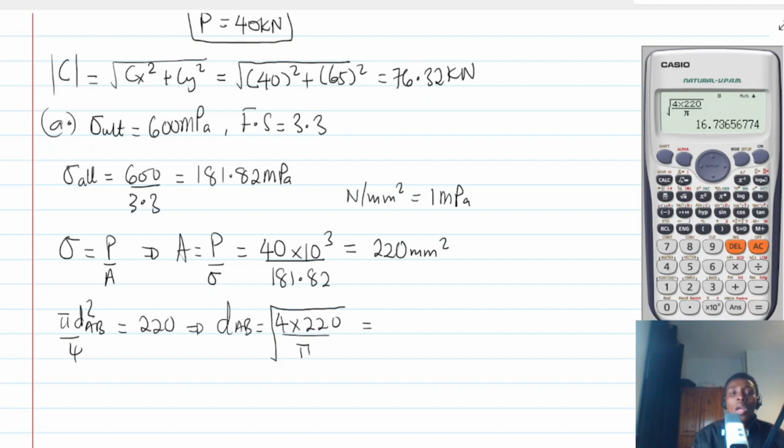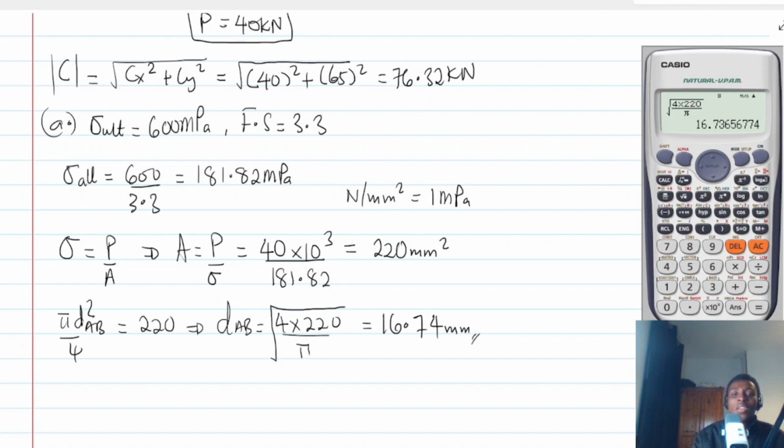And what do we get? We have 16.74 millimeters. In fact, this is the diameter of the control rod. So that is the diameter. Now we are done with the first part of the question.